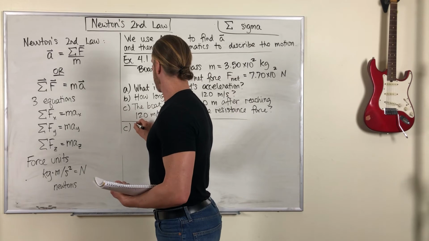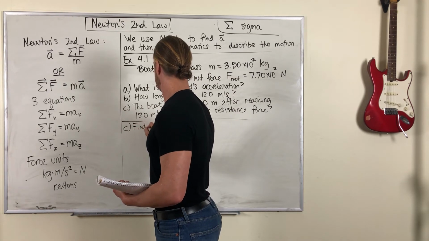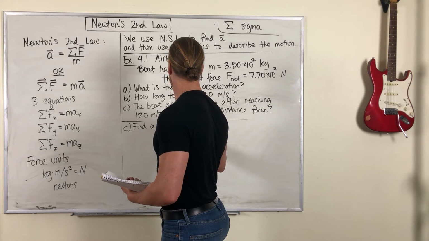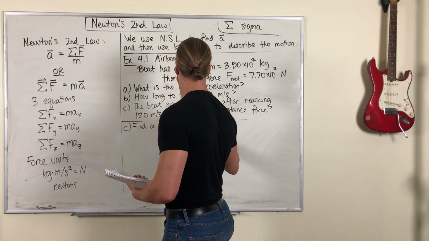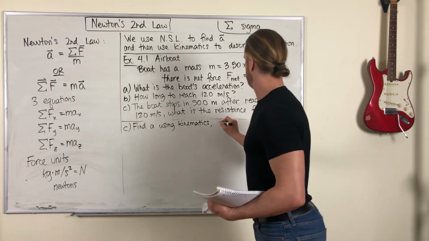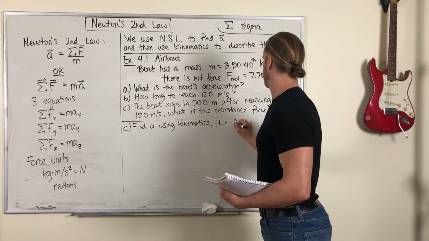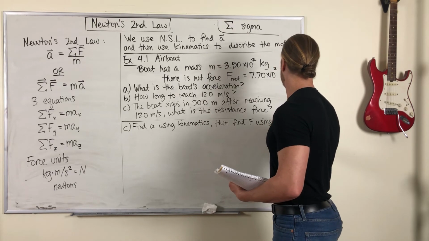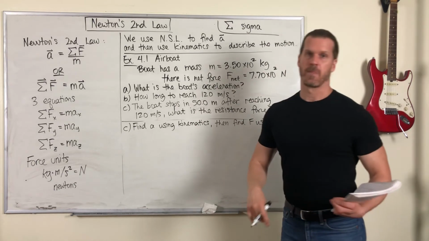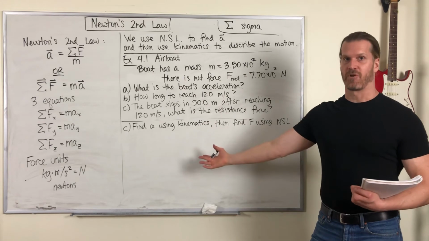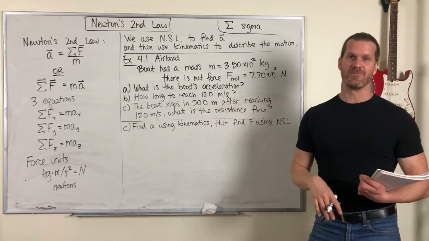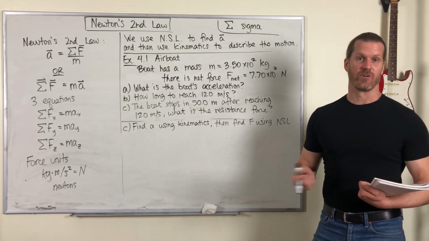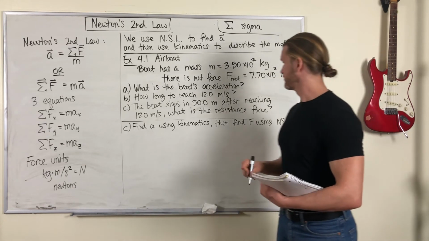So first I'm going to find A using kinematics and find F using Newton's second law. Part C is a different scenario than A and B, so the acceleration and force are different than they were in those cases.